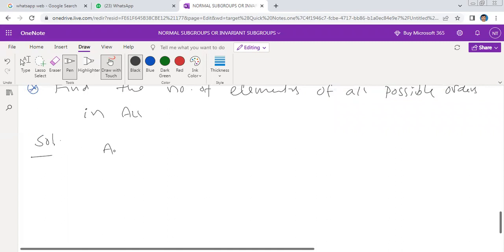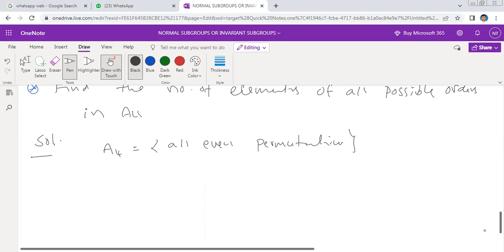What is A4? A4 means set of all even permutations. Am I right? Simply, what are the elements in A4?